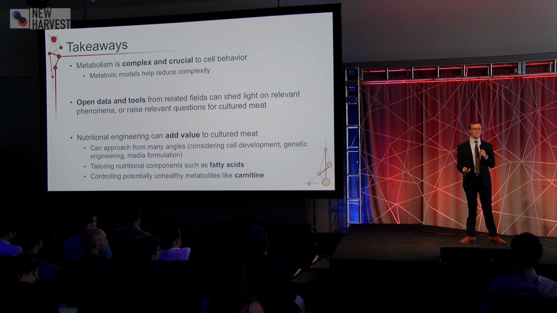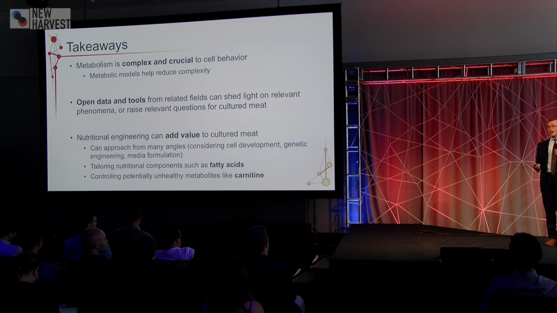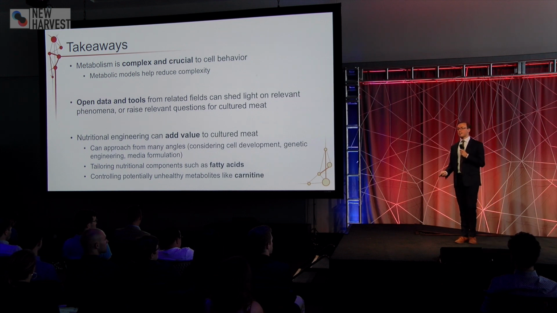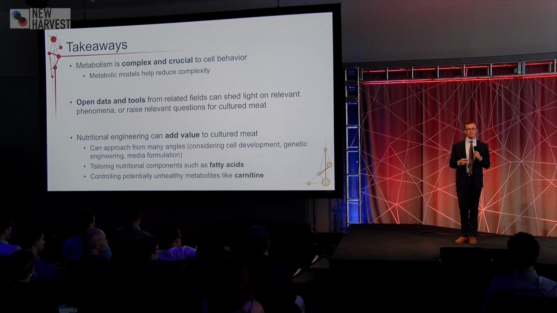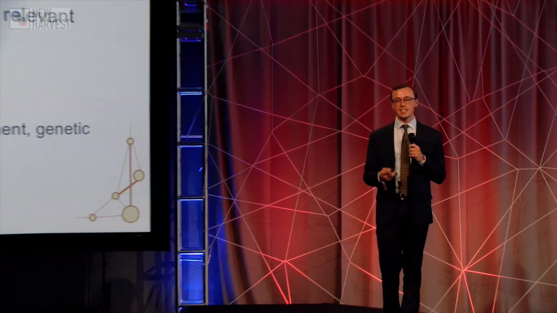Second, on the theme of this session, I really want to highlight that there are a lot of openly available data and tools like RNA sequencing data or metabolic models that we can use in cellular agriculture in order to save on the cost of producing RNA sequencing data ourselves, or just to have a larger wealth of potential resources than we might have in this very nascent field.